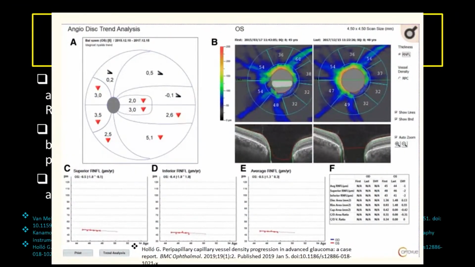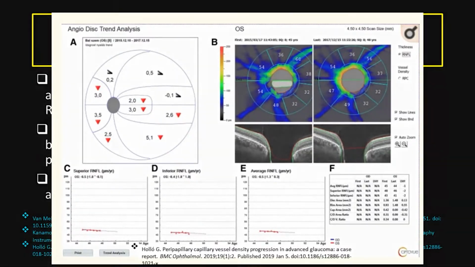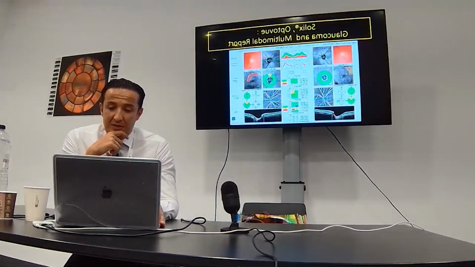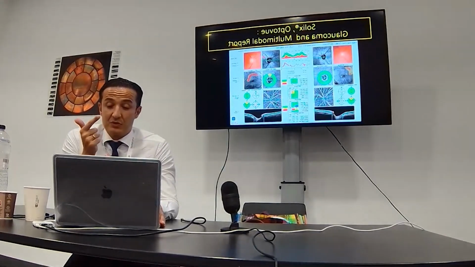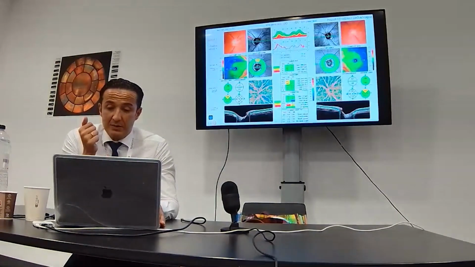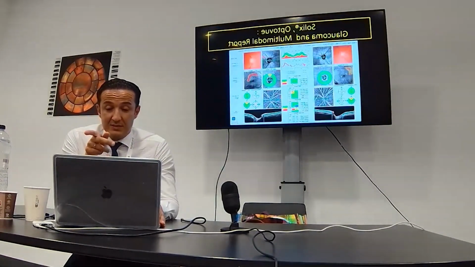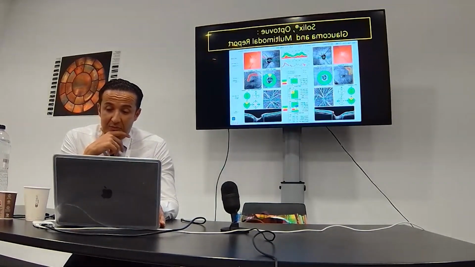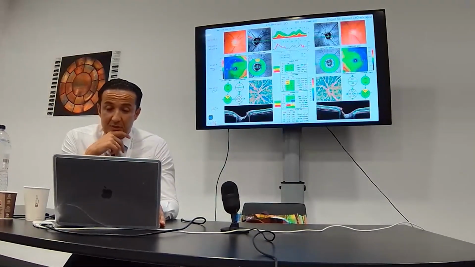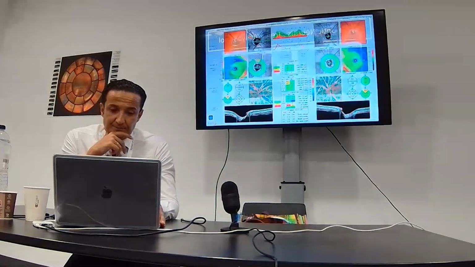And he compared the evolution with OCT angiography associated with the visual field evolution in this kind of patient. And it's the first time we have in one report the structural OCT and functional OCT. Here we observe GCC thinning with the beginning of thinning of RNFL compared with OCT angiography.